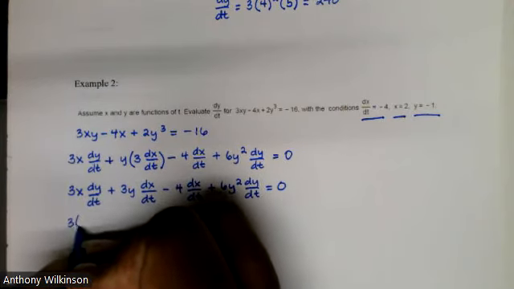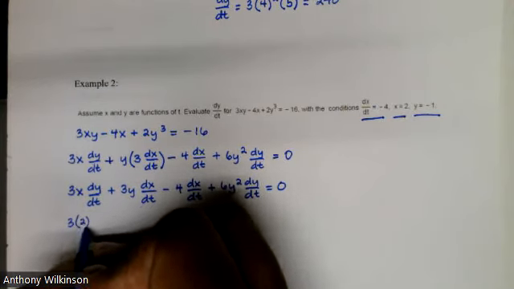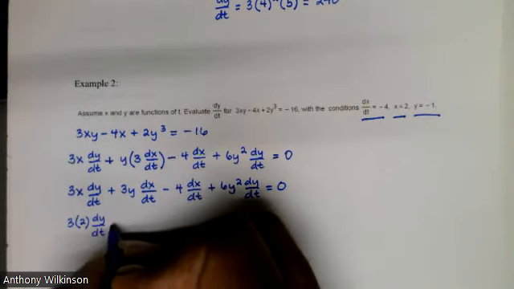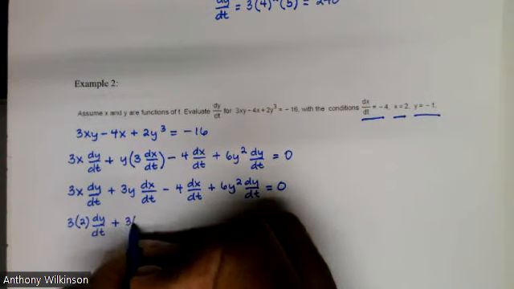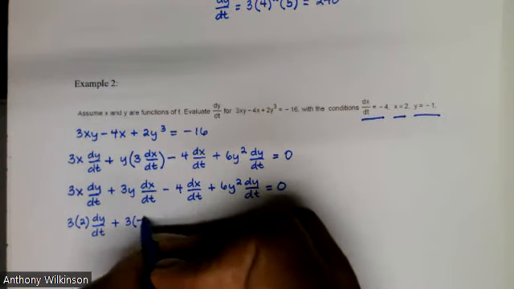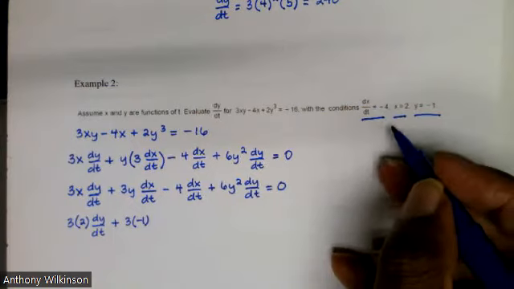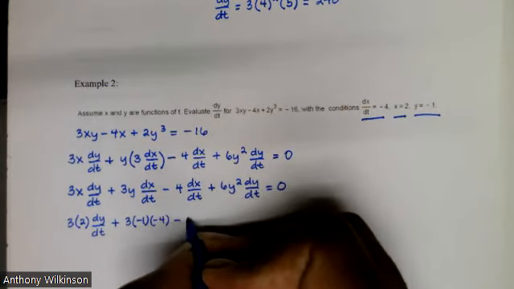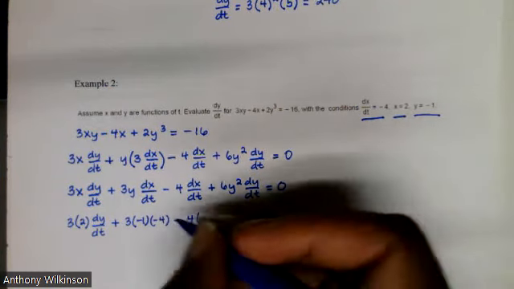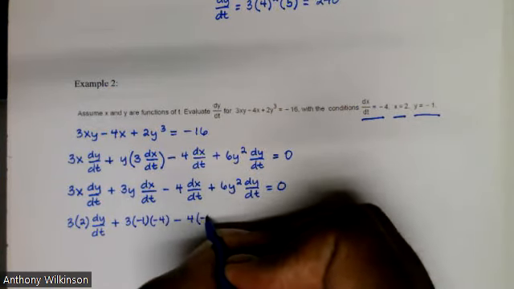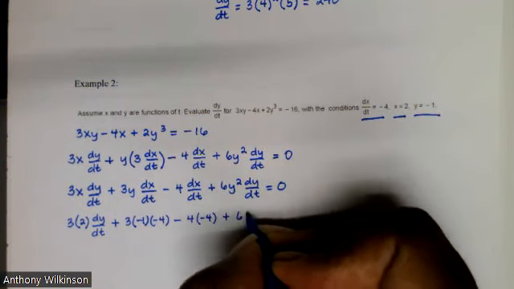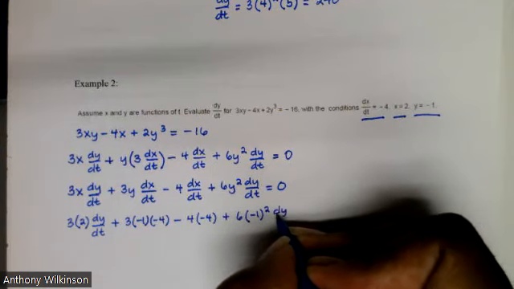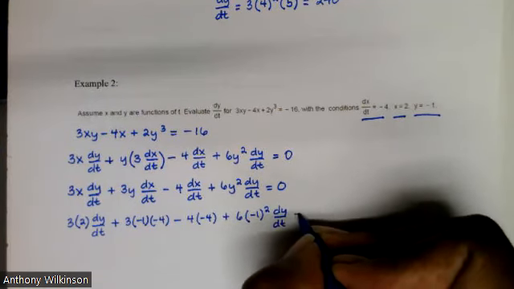So it'll be 3 times x, which is 2, so 3 times 2 times dy/dt, which is what I'm trying to find, plus 3 times the y, which is negative 1, times dx/dt, that's negative 4, minus 4 times dx/dt, again that's negative 4, plus 6y, well, y is negative 1, and that negative 1 is going to be squared, times dy/dt, which is what I'm trying to find.